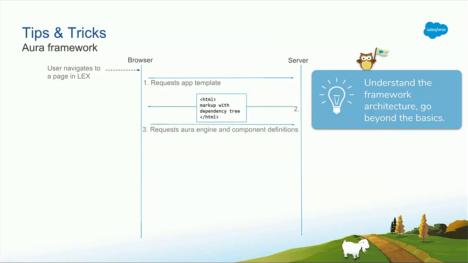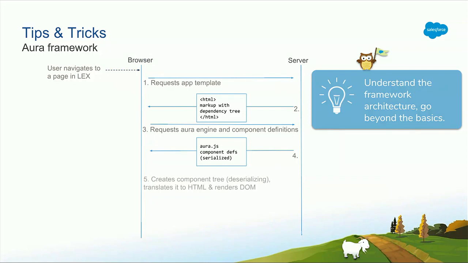Then the browser is going to request the Aura engine, which is a JavaScript library, and also the component definitions that were specified in the app template. Once the server has returned all of this, the browser is the one in charge of rendering the DOM, the document object model, deserializing the component definitions, and rendering the HTML.